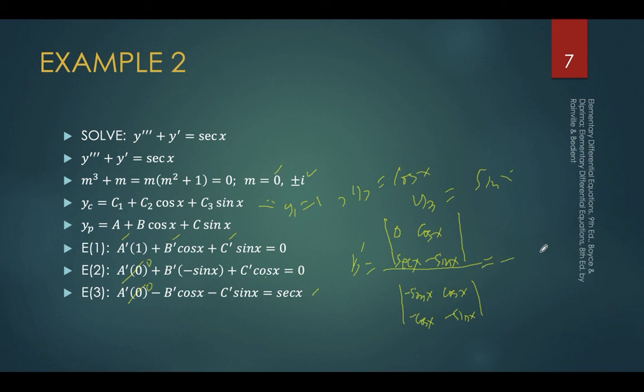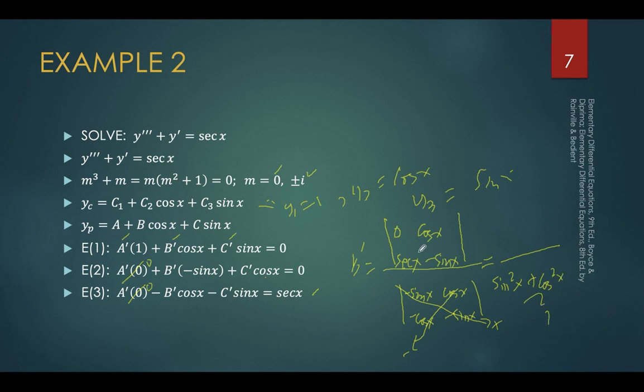So, okay, positive, negative. We have sine squared x, negative, so positive, so plus cosine squared x. But this is equal to 1.